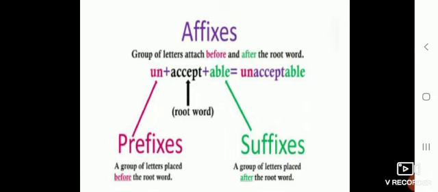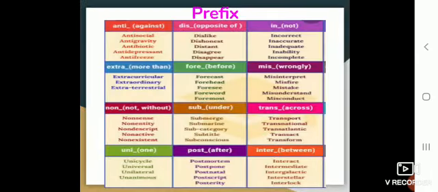Okay, now let's have a look at more prefixes. The first prefix is anti. When we add anti to the root word social, it becomes antisocial.